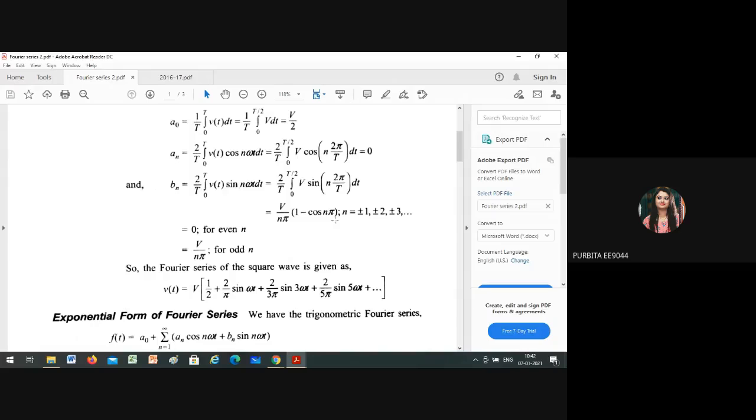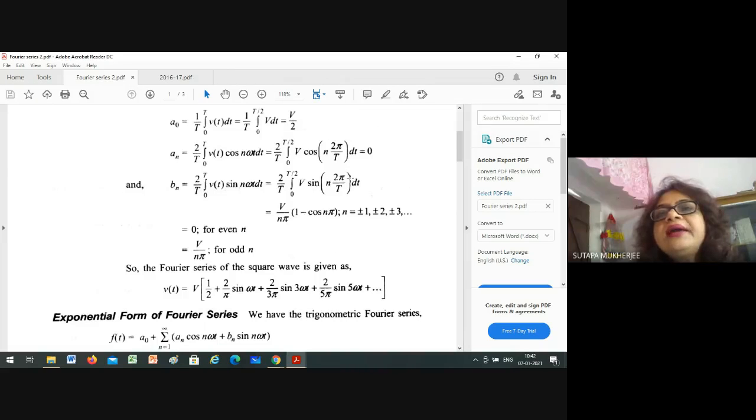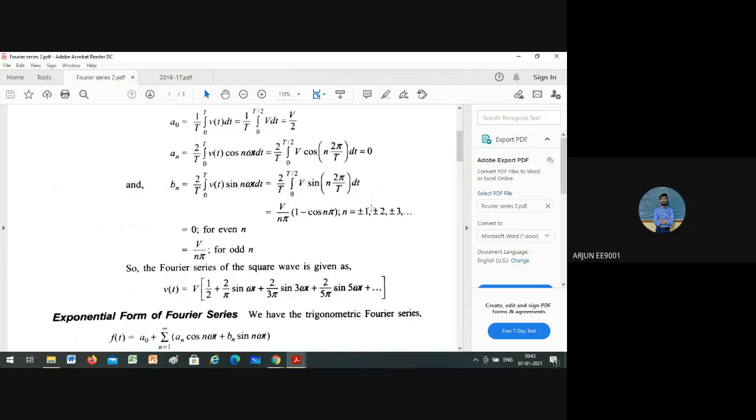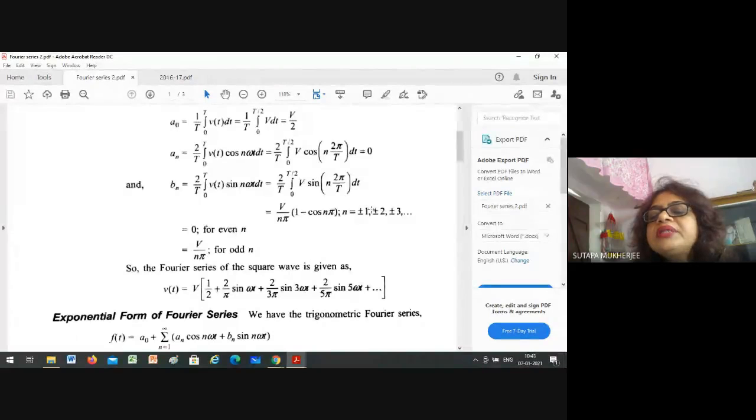Cos 180 is minus 1. Yes, but cos n pi when n is odd, then cos n pi is minus 1. Say n odd means 1.